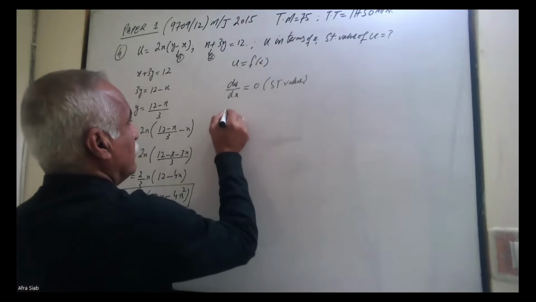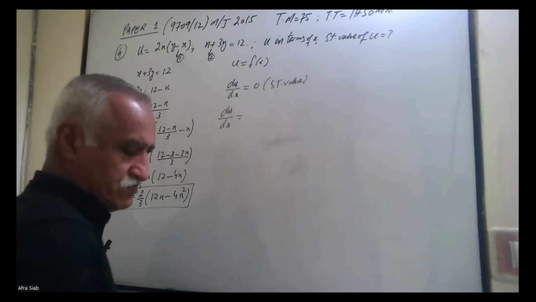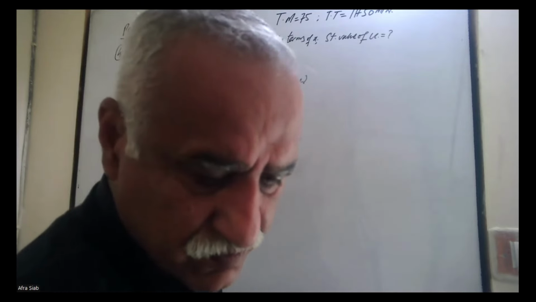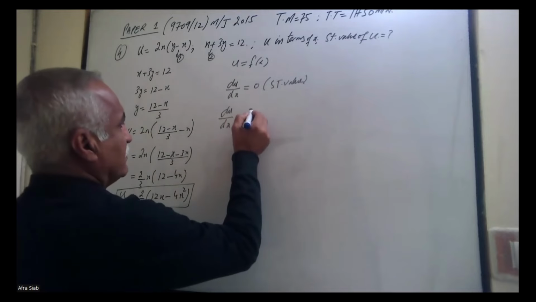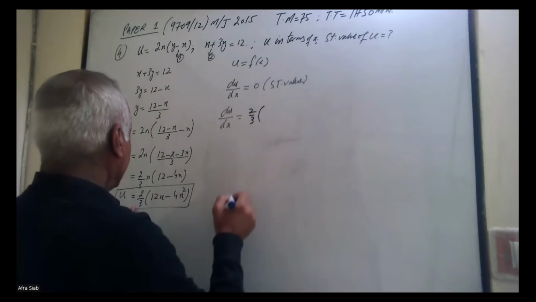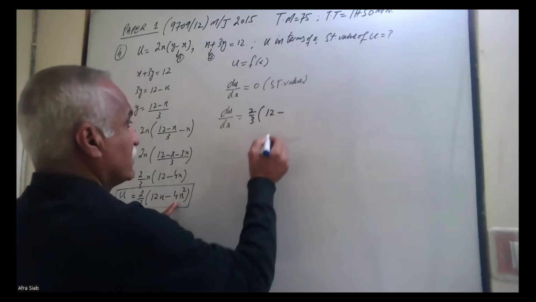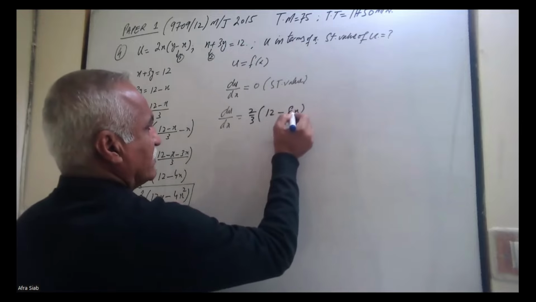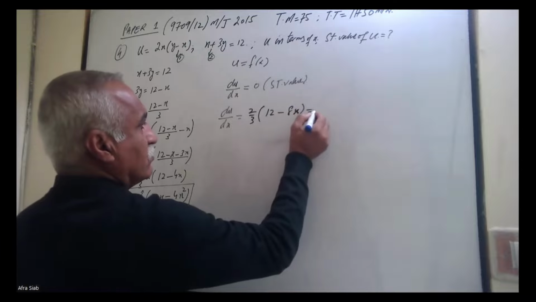So du over dx is equal to 2 by 3, a constant which is written outside as it is, into the derivative of 12x, which is 12, minus the derivative of 4x square, which is 8x. And then you put it equal to 0.